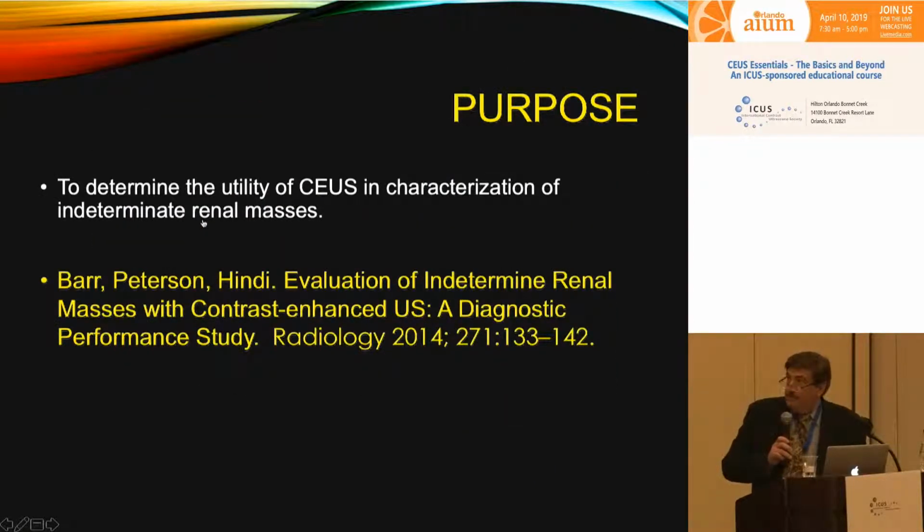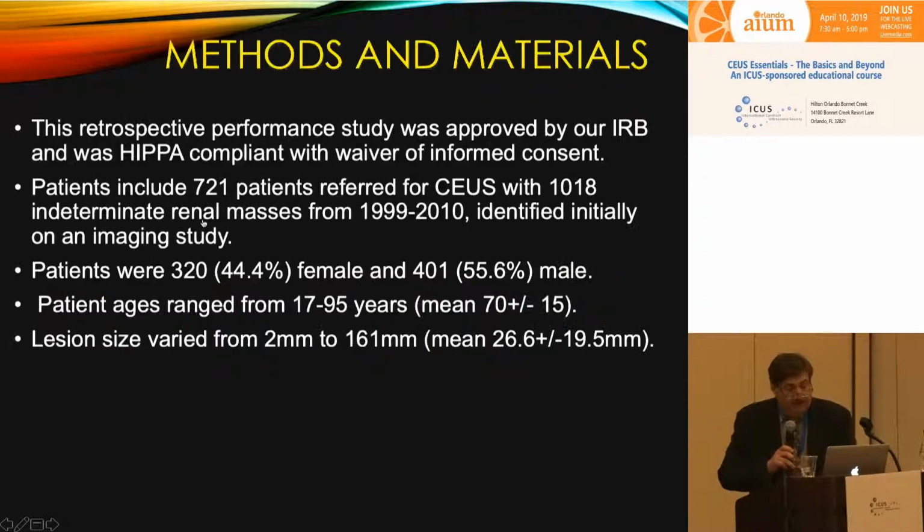So with persistent harassment by Stephanie, we looked at our first about 1,000 cases that we published in Radiology in 2014, and the study was to determine the utility of CEUS in characterization of indeterminate renal masses. This was a retrospective study performed with our IRB approval, was HIPAA compliant, and they waived the informed consent.